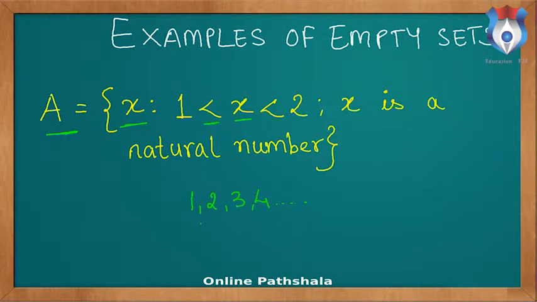The very definition of natural numbers implies that there is nothing between 1 and 2 or 2 and 3. Therefore, it is impossible to have any natural number between 1 and 2, and therefore the set A is a null set, or you can also write it as phi. It is an example of an empty set.